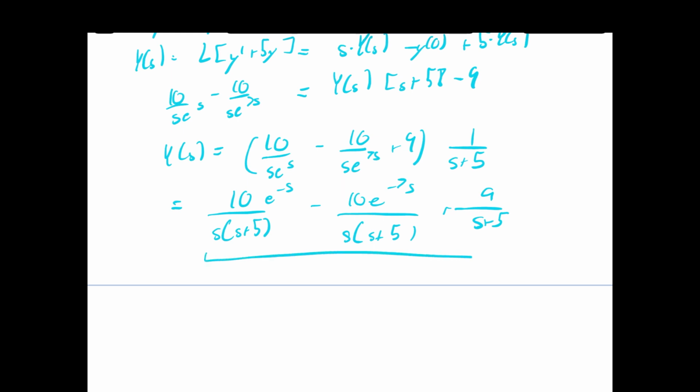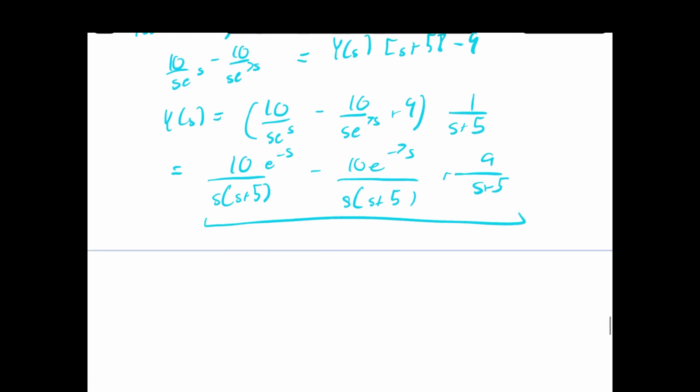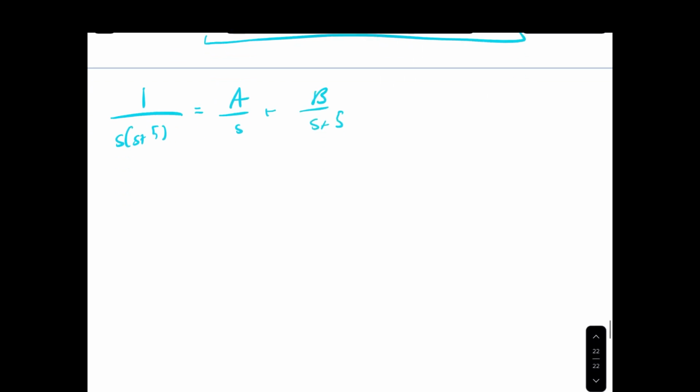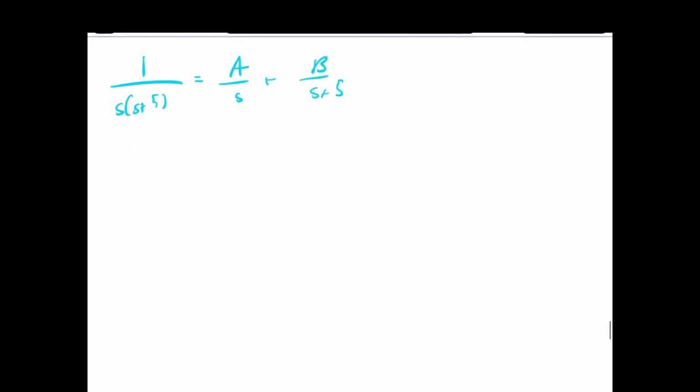And then you're going to take this and do partial fraction decomposition, and you'll get 1 over s(s plus 5) equals a over s plus b over s plus 5, and 1 equals a(s plus 5) plus bs. Actually, I'm not going to solve for it again because you guys know how to do partial fractions.